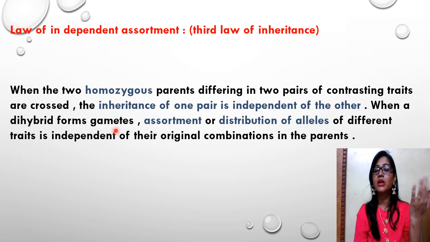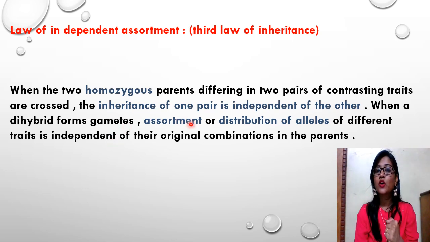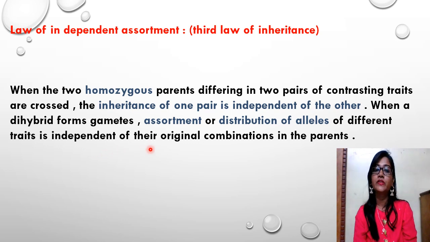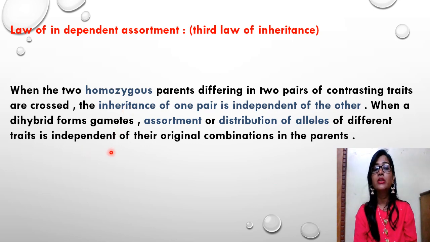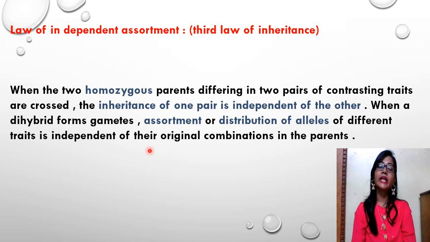If you remember the earlier slide on gamete formation, the assortment or distribution of alleles of different traits is independent of their original combinations in the parent. Different types of distribution of alleles were found by the selfing of the F1 generation, observable in the form of phenotypic characters.